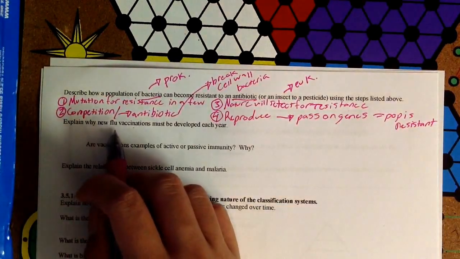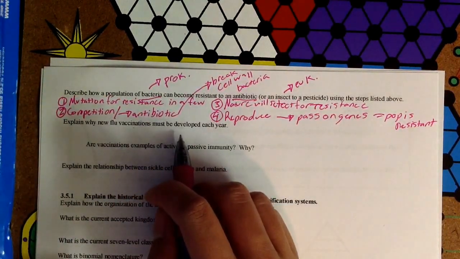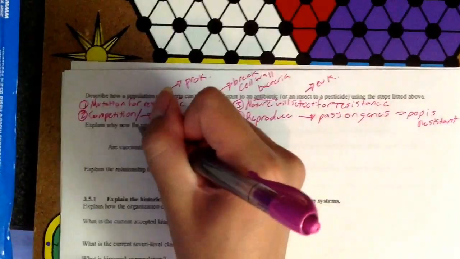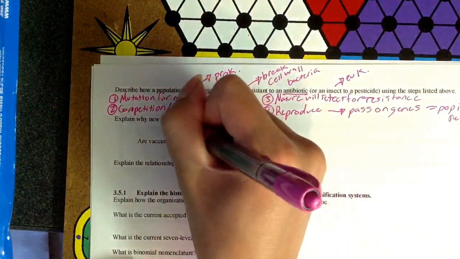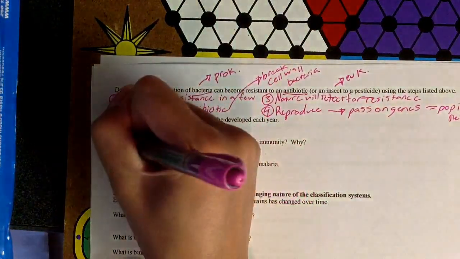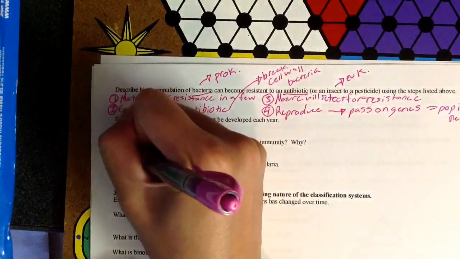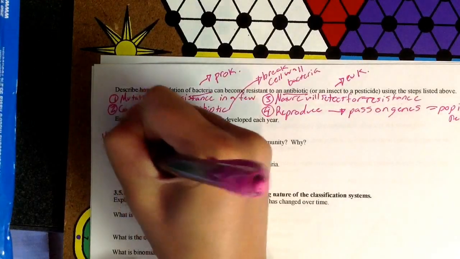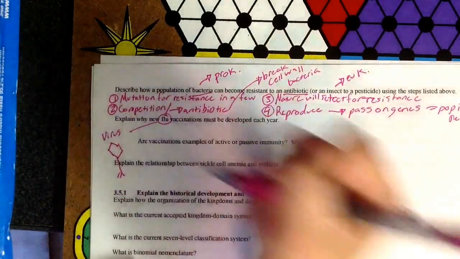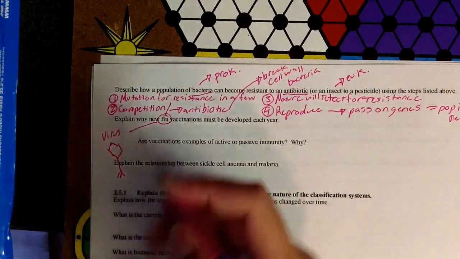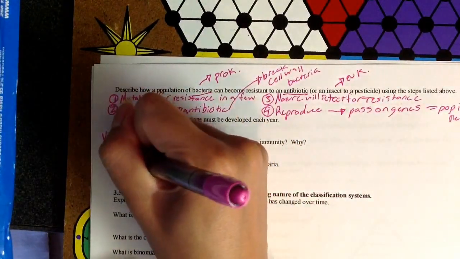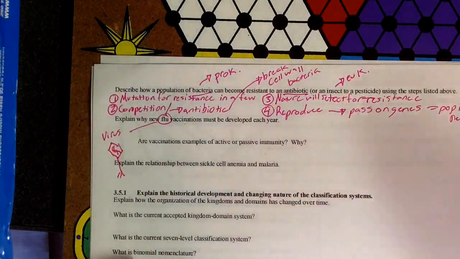Explain why new flu vaccinations must be developed each year. Let's remind ourselves of a couple things right here. The flu is actually a virus. And all the virus has is an external shell, some sort of prong that allows it to attach to a host, and DNA inside of it. It's actually not a cell.